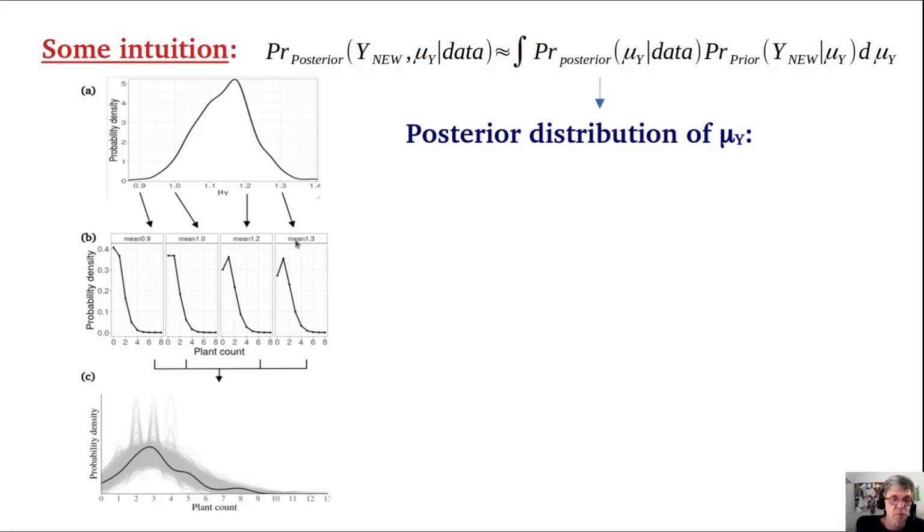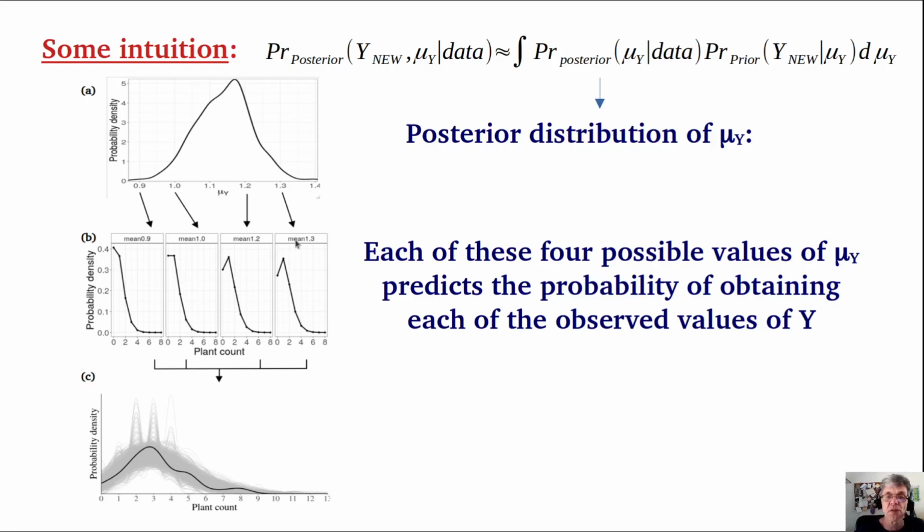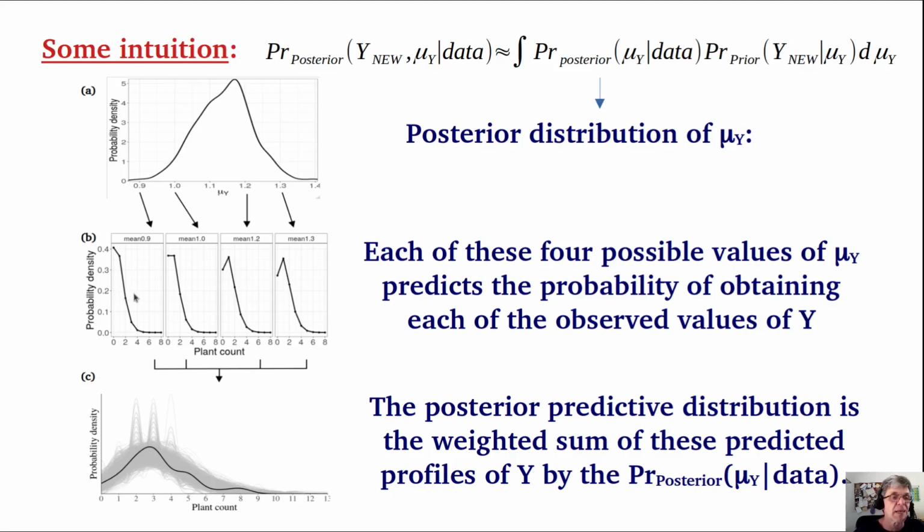So each of these 4 posterior values of mu of y predicts the probability of obtaining each of the observed sets of values of the response variable. Not all these values are equally likely.